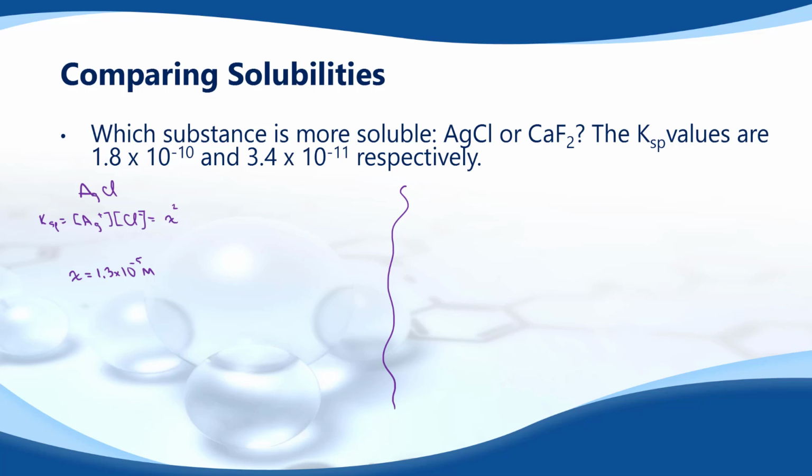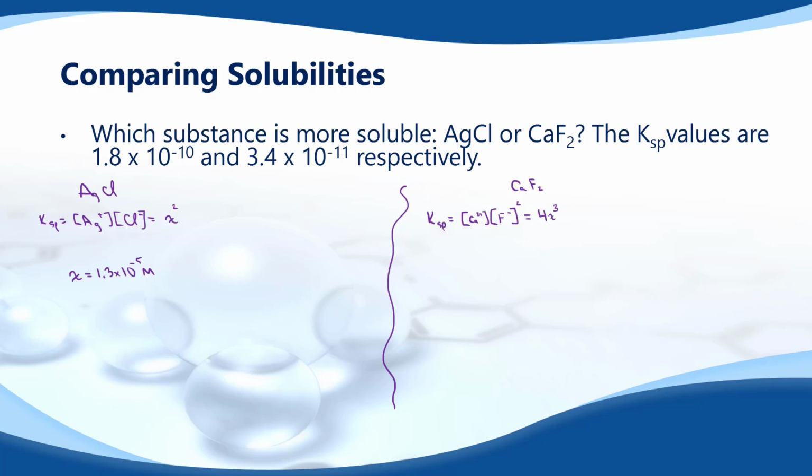Now if we look at CaF2, for CaF2, we're going to have KSP equal to the concentration of calcium ions times the concentration of fluoride ions squared. So a 1 to 2 ratio means I'm going to be working with a 4x cubed expression, right?